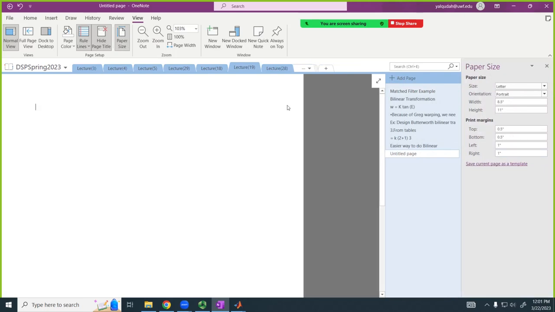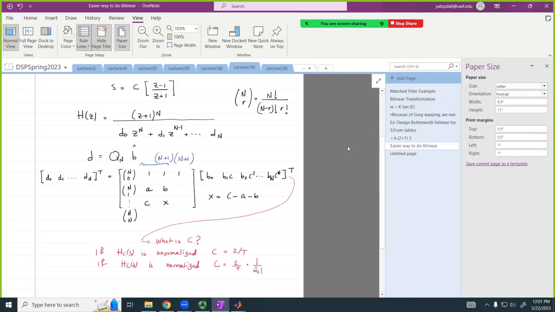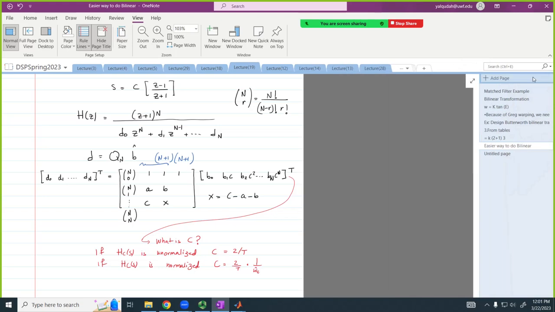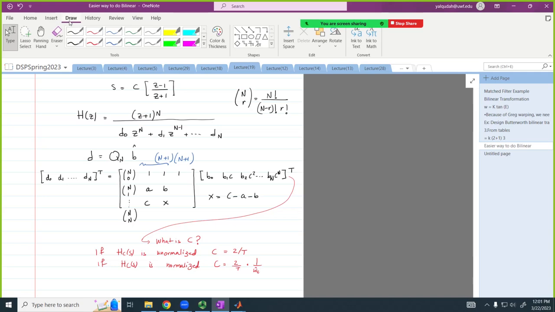Can you go back to the previous page real quick? And this is the C that is from the S equation. S equals C, Z over Z. You know what I'm going to do? I'm going to make this a D. So there's only one C now, and that C is this one.